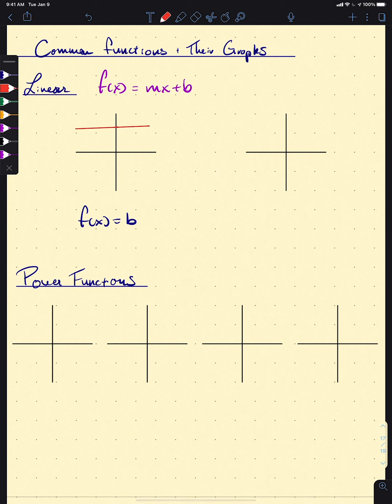No matter what input you have, you have the output b. The more general case is if f of x is mx plus b, and we looked at this earlier in the week. That is some line in the plane with the y-intercept of b and the slope of m.